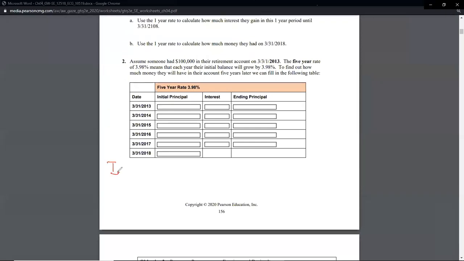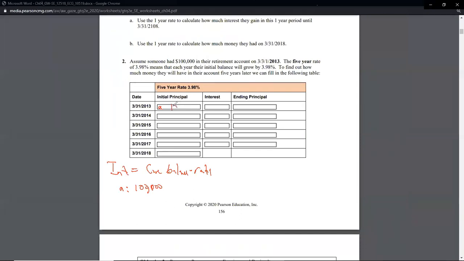All right, so again, interest is the current balance times the interest rate. That's our formula. So for this spot, what I'm going to call A, for slot A, the initial principal was that $100,000. That's what we started with because we had $100,000 on March 31st, 2013.